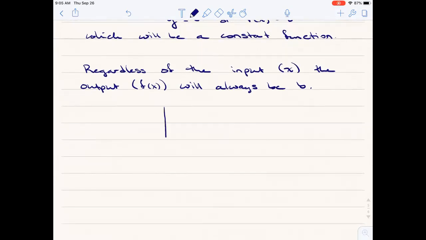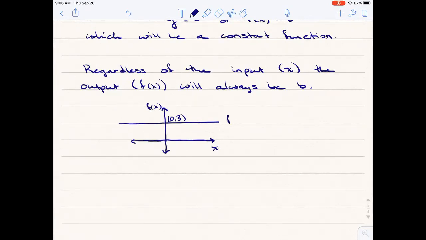So if we're thinking about something like this, right, we've got our x and our f of x, or y axes if you prefer. If we've got a line like this, zero, 3, for example, right?